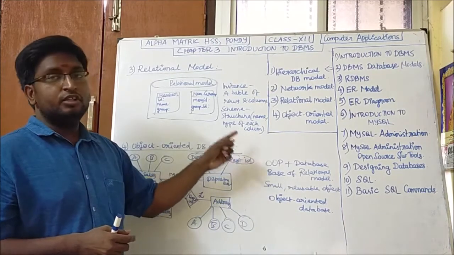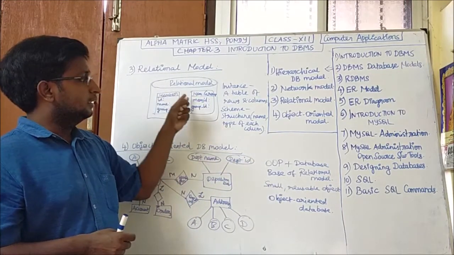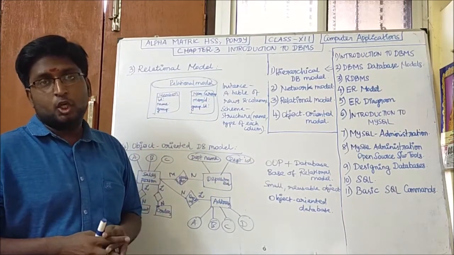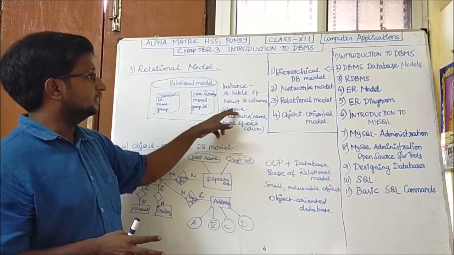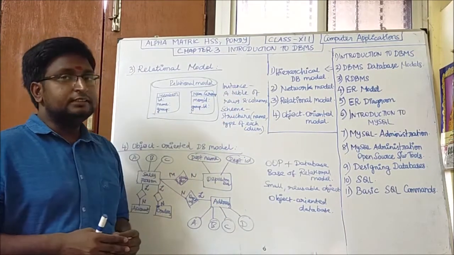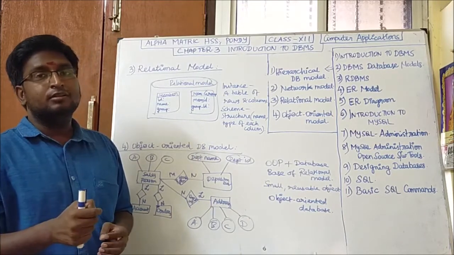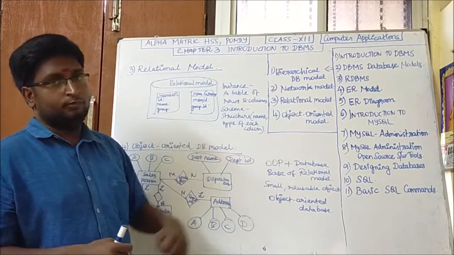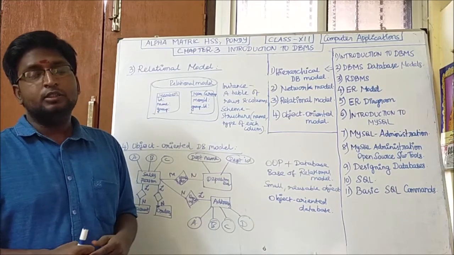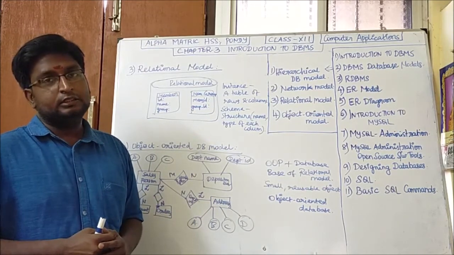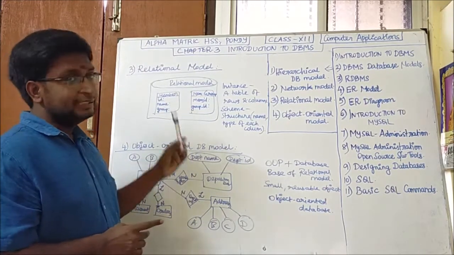So it defines the name and type of each column. So that is the schema. What is the instance? Instance is nothing but each and every occurrence in the table in the form of rows and columns. So this is all about the relational model.